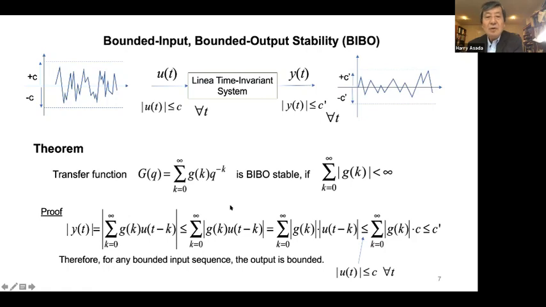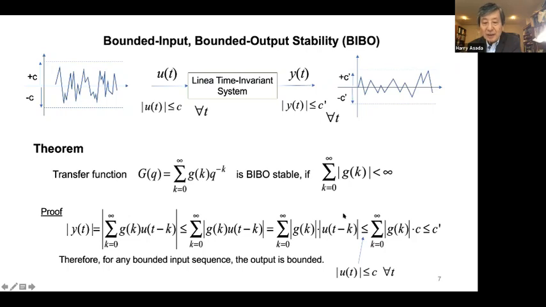Okay, so look at examining the output y(t), absolute value. So this is just a definition, right? Now we take the absolute value for each term. So this one is generally bigger than this, right? And this absolute operation can be taken for each of them, so it is divided into this.